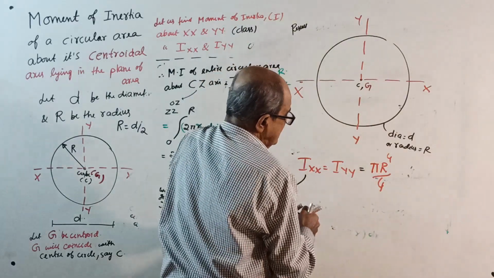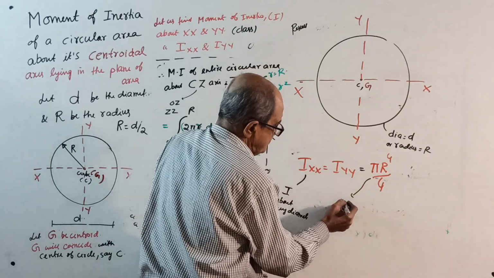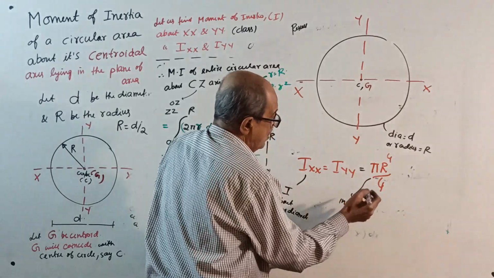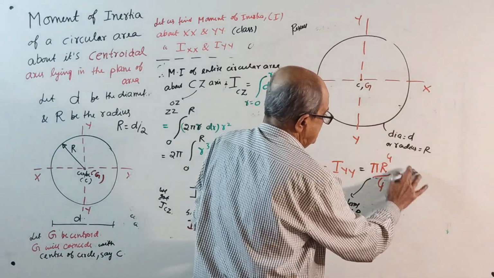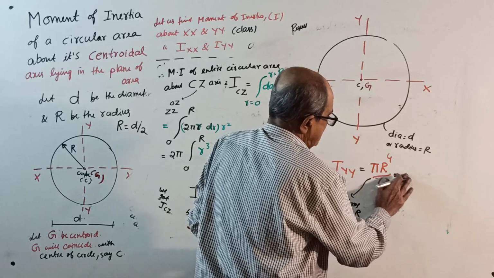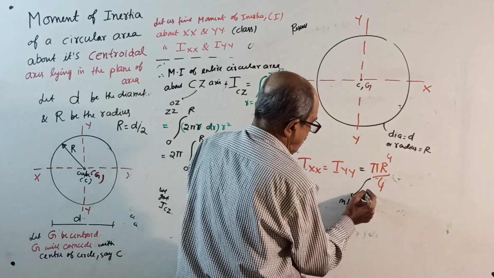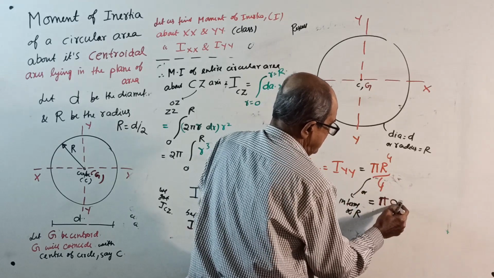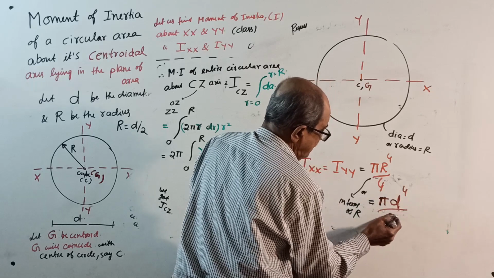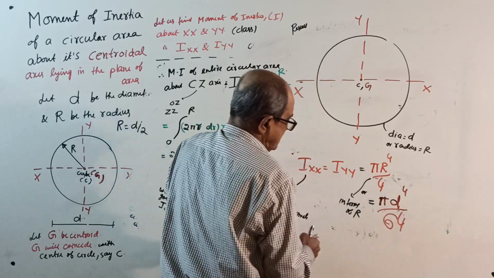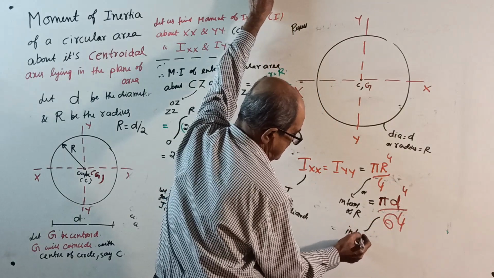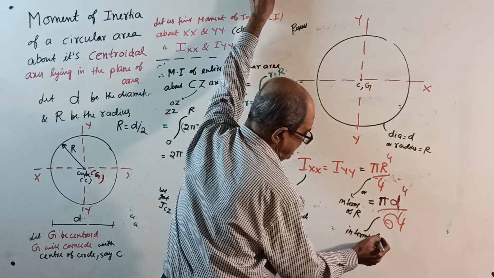This is in terms of radius. Or you can write it as pi d power 4 by 64. This is in terms of diameter.